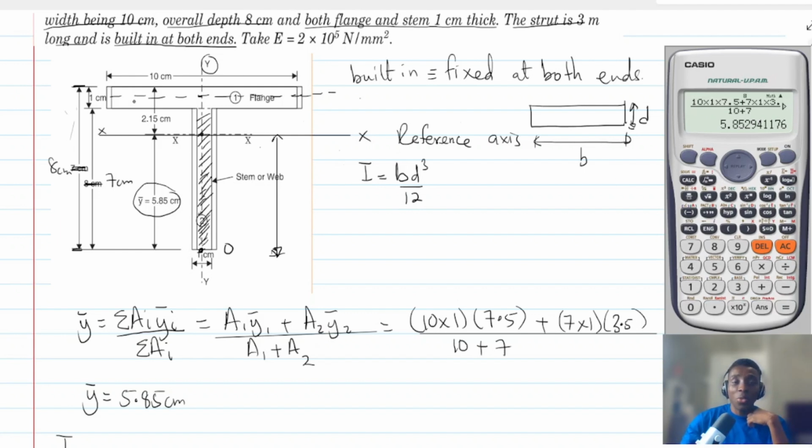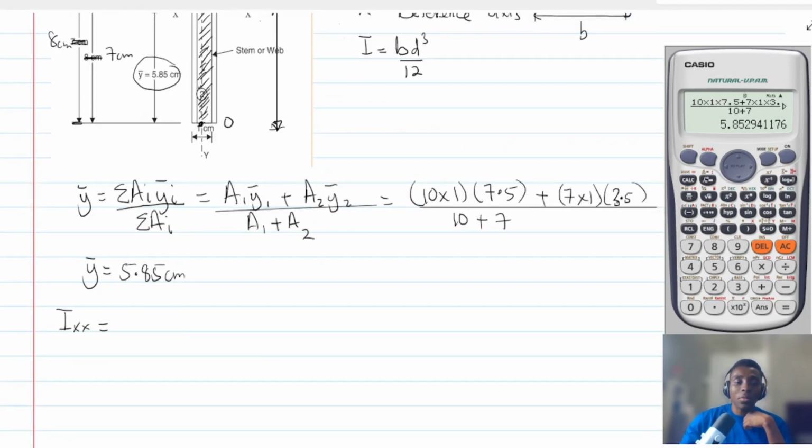So let me start with the flange. Let's draw an imaginary x-axis through this flange and call that xc. So that xc is more or less like the centroidal x-axis of the flange. So right now you calculate this distance all the way from the flange to the x-axis. So this is what we are saying.